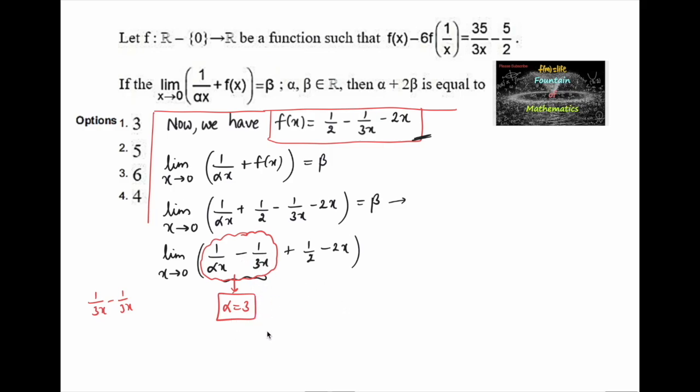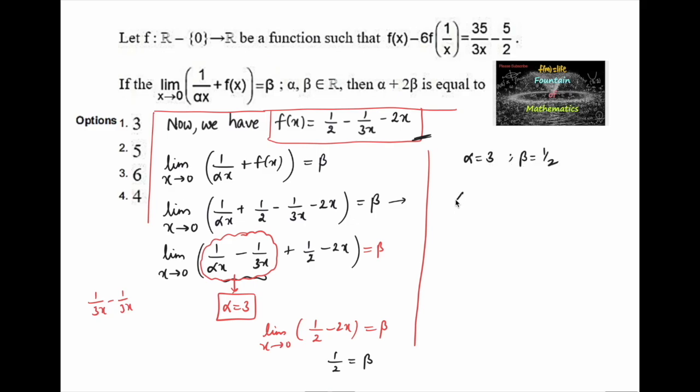And so that limit x tends to 0, we have 1 upon 2 minus 2x is equal to beta. Applying the limit, we get 1 upon 2 is equal to beta.